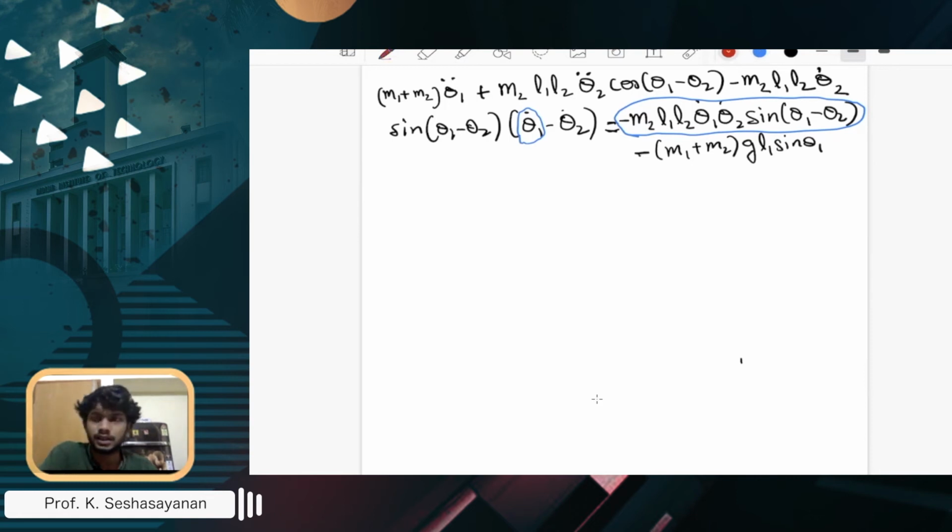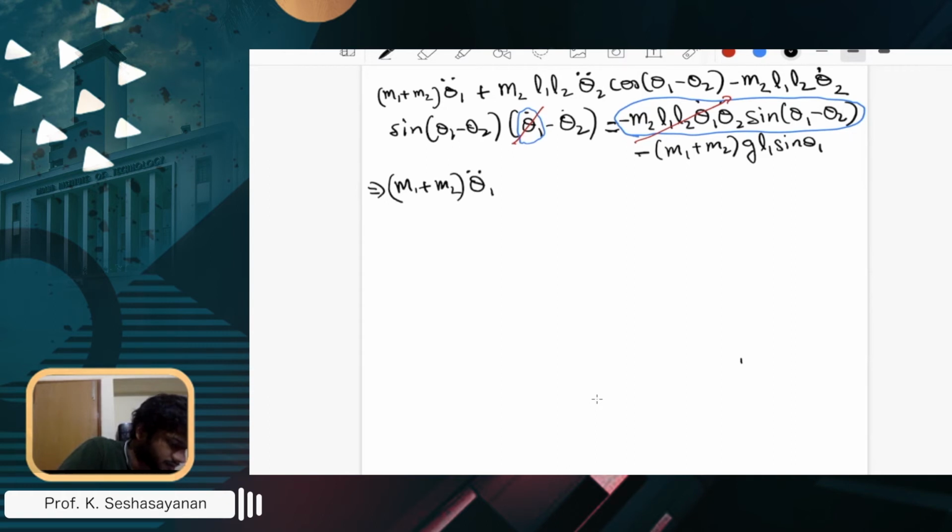So we can cancel out these two terms, and the resulting equation is nothing but m1 plus m2 theta 1 double dot plus m2 L1 L2 theta 2 double dot cos of theta 1 minus theta 2.